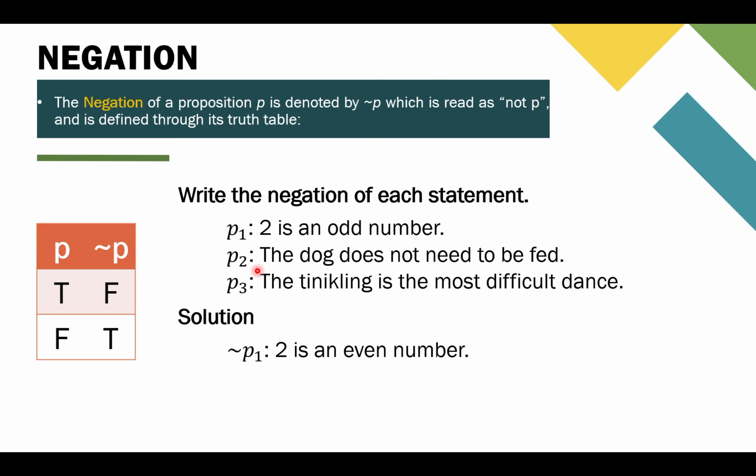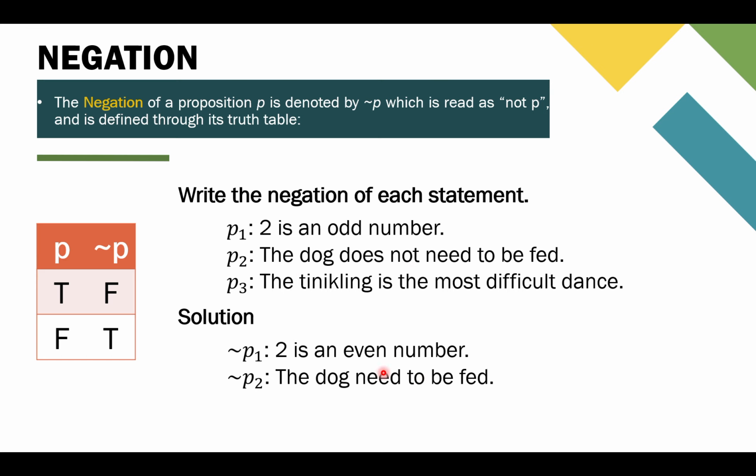Okay? So, let me just correct this mistake. So, for the second proposition, the dog does not need to be fed. So what do you think is the negation nitong second proposition? So that would be the dog needs to be fed.